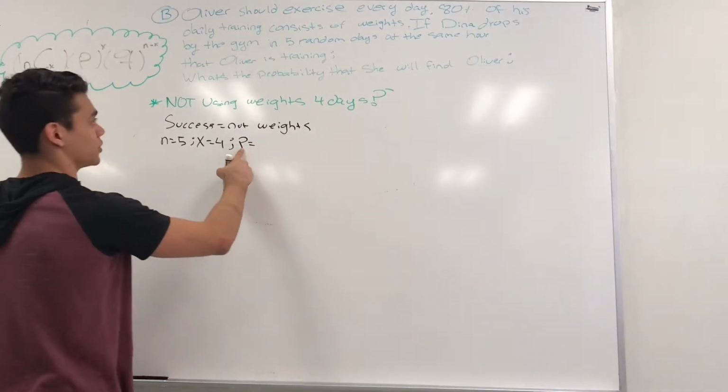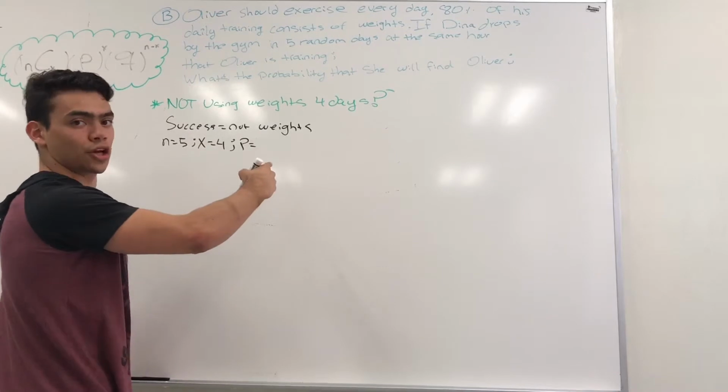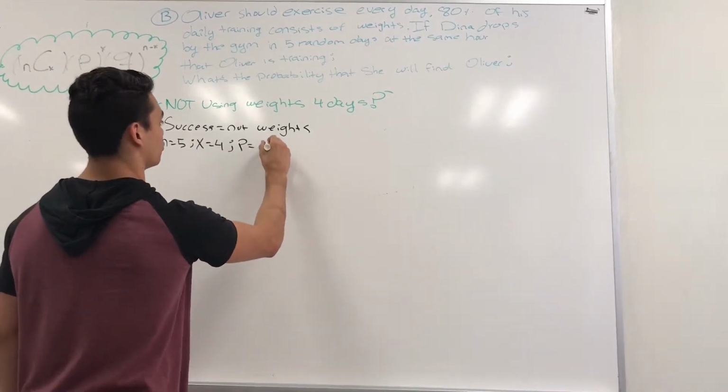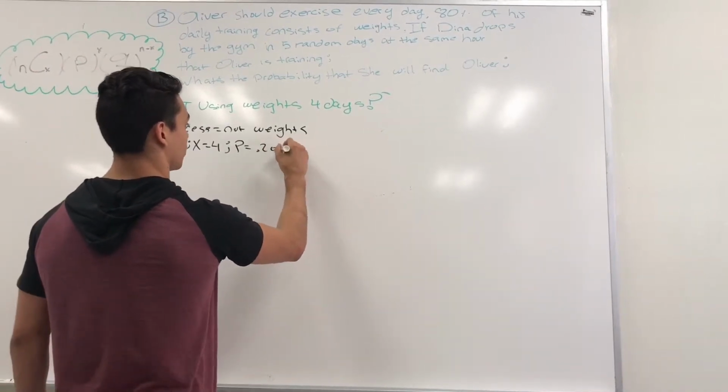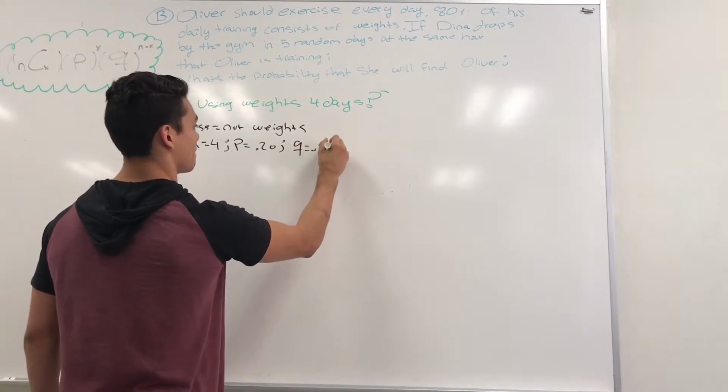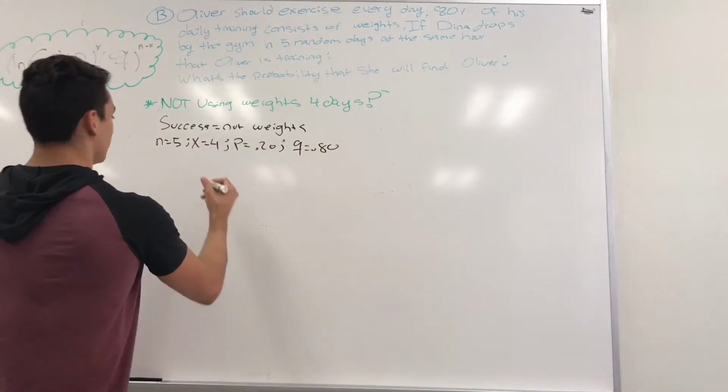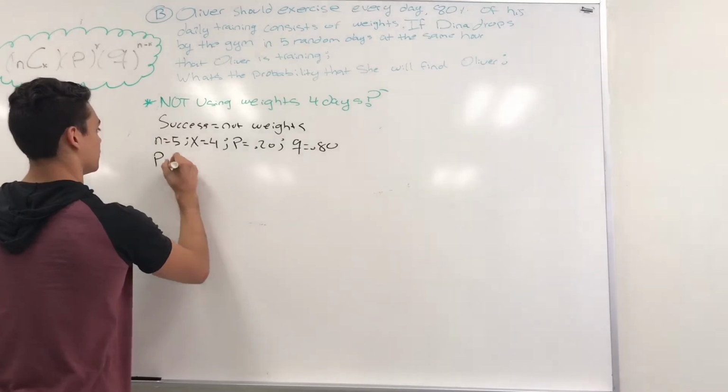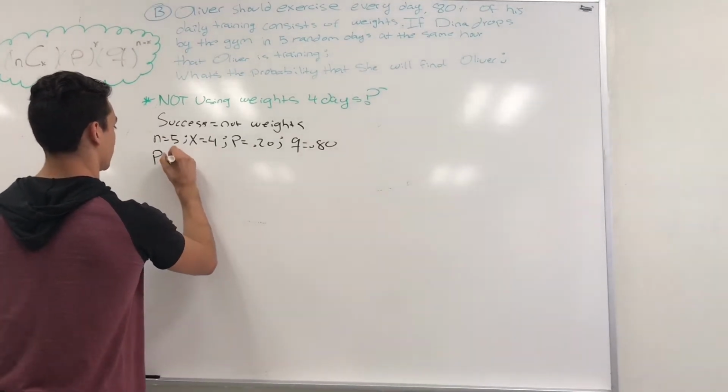Now, since our success is not using weights, the probability of success changes to 0.20, and the probability of failure will be 0.80. Then you just plug everything into the formula.